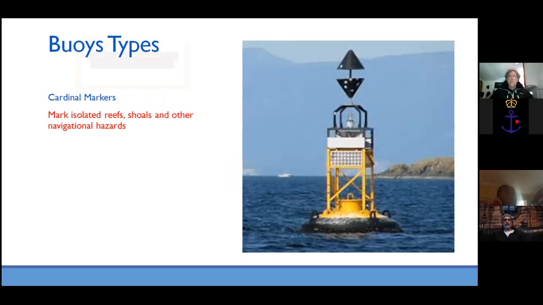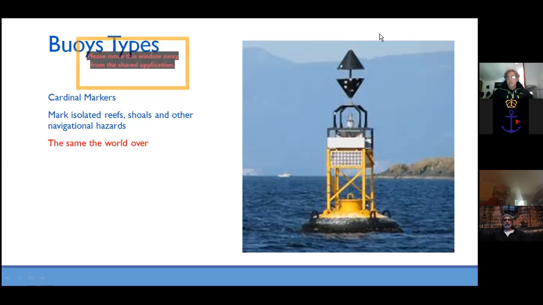They are there permanently. They are also the same all over the world. Doesn't matter which country or part of the world you go to, you will find that these cardinal markers are identical. They might be slightly different welding jobs. They might have a different frame underneath, but the shape and the color structure will be the same on every single one in the world.